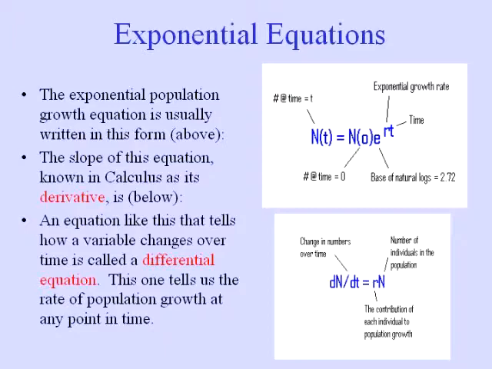So if we want to know what the change in numbers over time in a population is, we have to compute it by multiplying r, the intrinsic rate of increase, times the number of individuals in the population. This kind of an equation, by the way, that contains a derivative is called a differential equation.